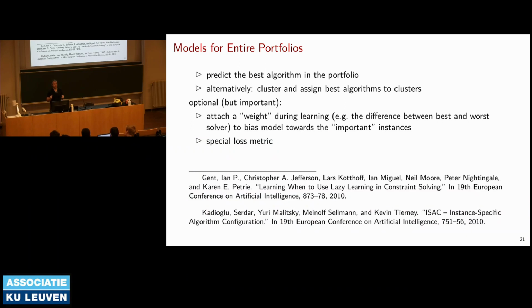We care less about the ones where making the right or wrong choice has a difference of 1%. If you make the wrong choice there, I'm not really that bothered. But if it's an order of magnitude, then I do want you to get this right. So that's why we can use various techniques, when we're training these systems, to make sure that we're putting more weight on these instances.